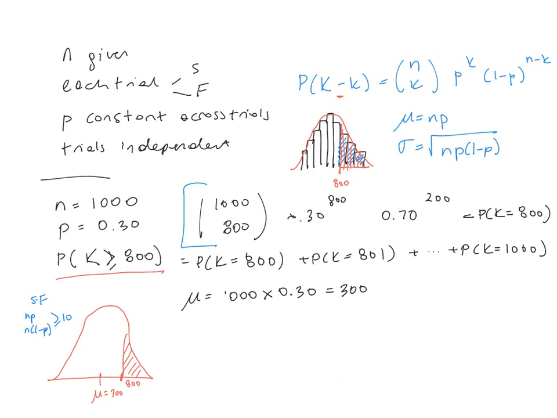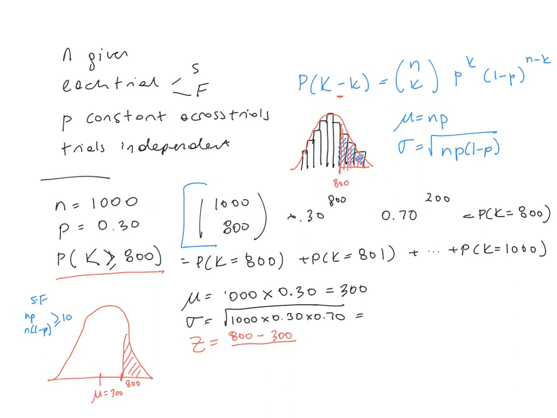Okay? So how do I find that red shaded area? We need a z-score. For my z-score in the numerator, what do I have? An observation? What's the observation here? 800. A mean? What's the mean? 300. And in the bottom, what do I need? A standard deviation. So let's go ahead and calculate that standard deviation. That's going to be the square root of 1,000 times 0.30 times 0.70.